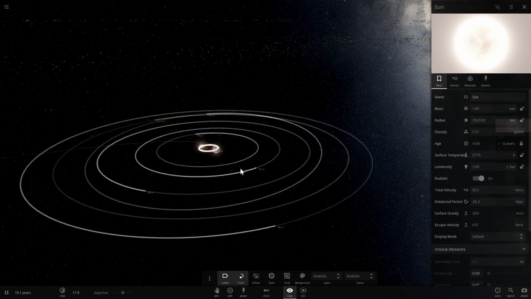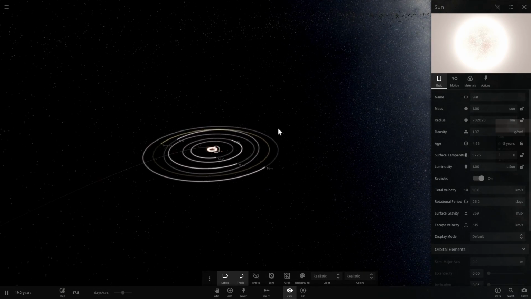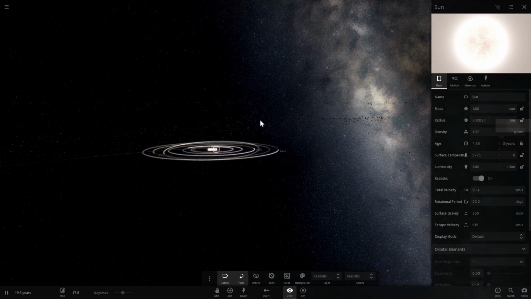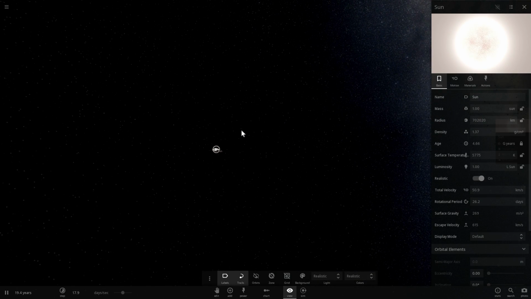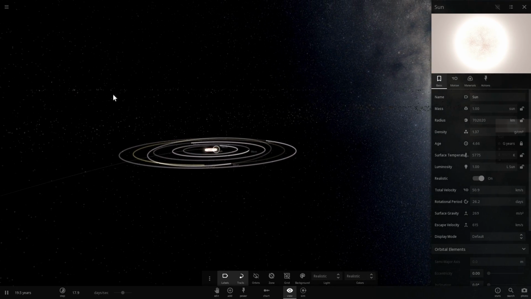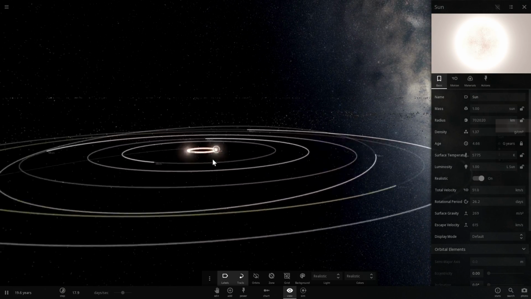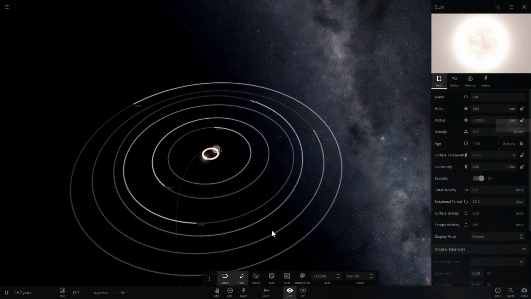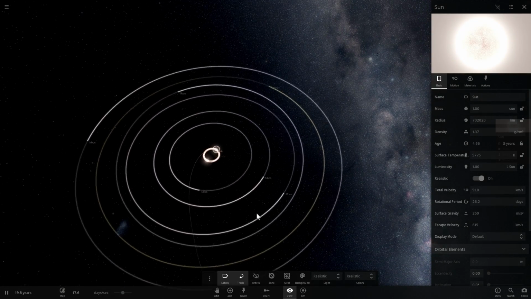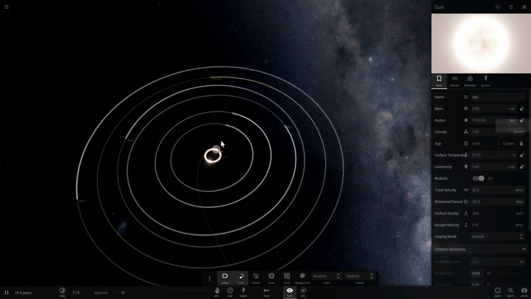Most of them will actually probably get ejected into the outer system, or basically into the outer space, just as the ones you see right there on the border. They're flying away from us. Now the moons here are in a stable orbit, but how long the stability will remain is uncertain.